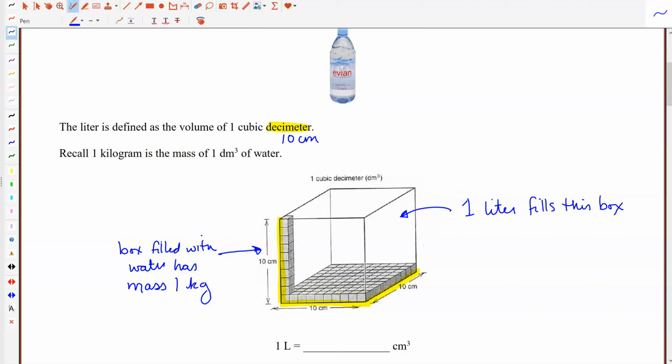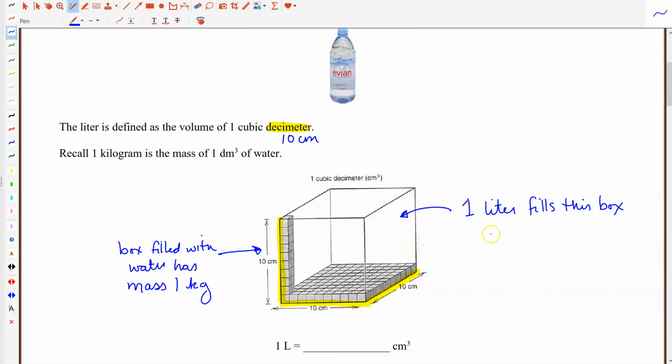Now 1 liter of any liquid would fill this box. So this 1 liter could be 1 liter of water, or maybe it's orange juice, or 1 liter of syrup. Okay, but it's 1 liter for the liquid that would fill this box.